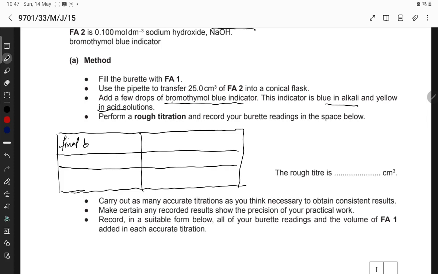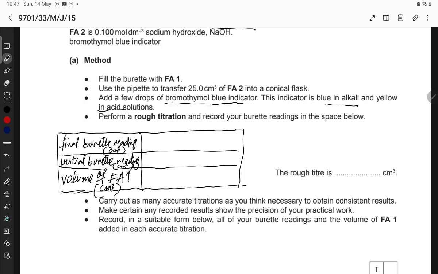Final burette reading, and always mention the unit centimeter cube, and initial burette reading in the second row, and the last is the volume of Fa1 used in centimeter cube.